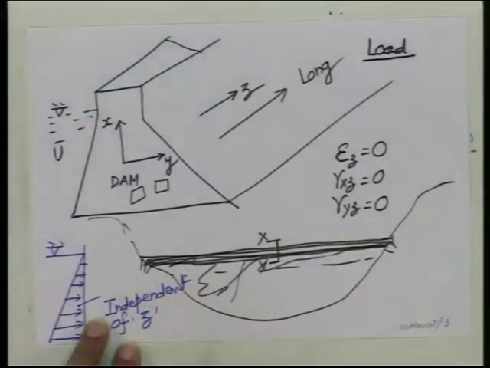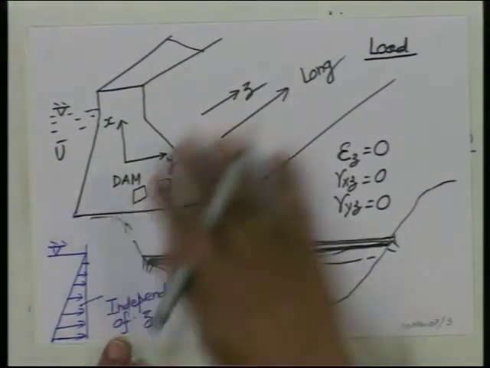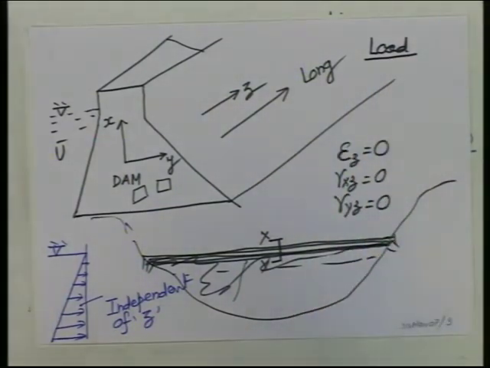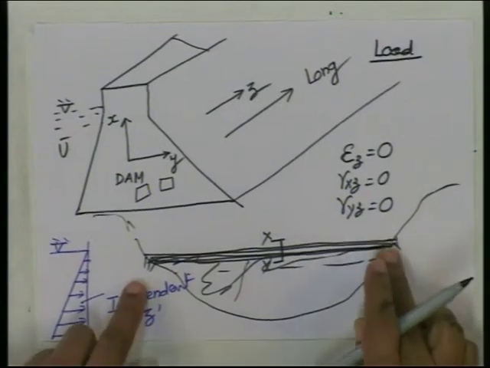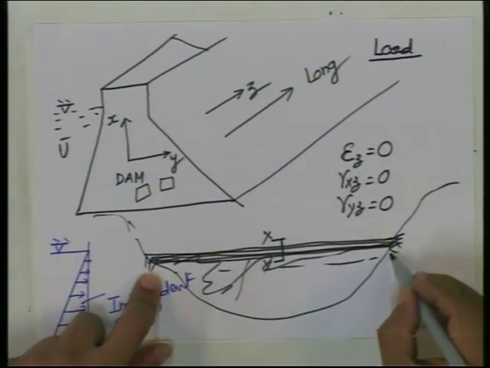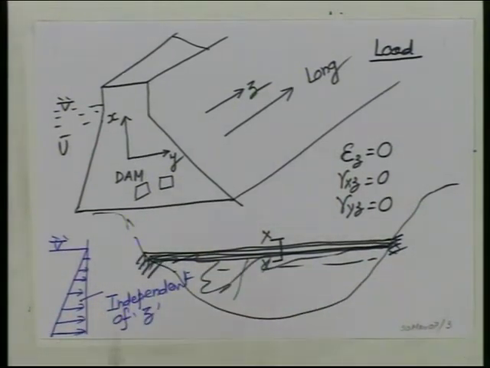If you have a prismatic cross section, this cross section does not change, and again there is a certain set of conditions. This is the geometry, and this prismatic cross section is confined between constraints. We gave the example of a dam. This is fixed in the length direction, in z direction, at 2 points.